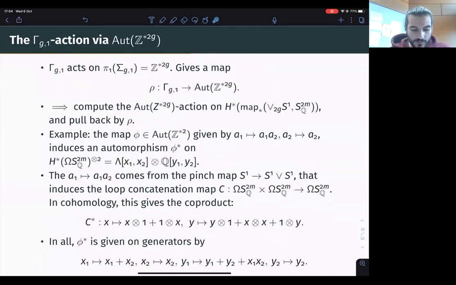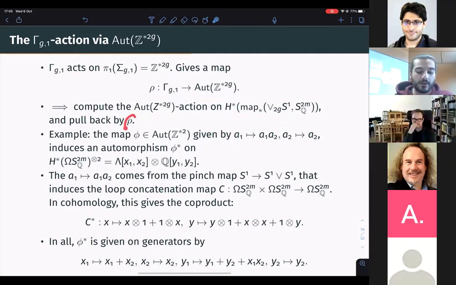Right. Now, as for this, gamma_g^1 acts on the fundamental group of the surface, which is a free group on 2g generators. This gives a map from gamma_g^1 to the automorphism group of the free group. And by just doing some good bookkeeping, we just need to compute the action of Out of the free group on the cohomology ring of maps from the wedge of circles.